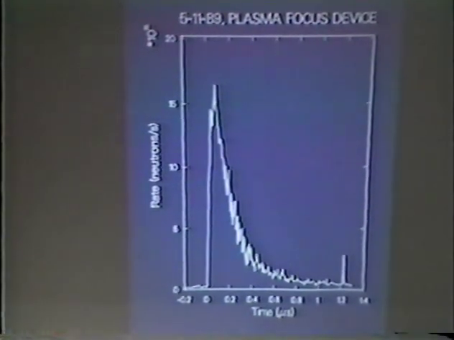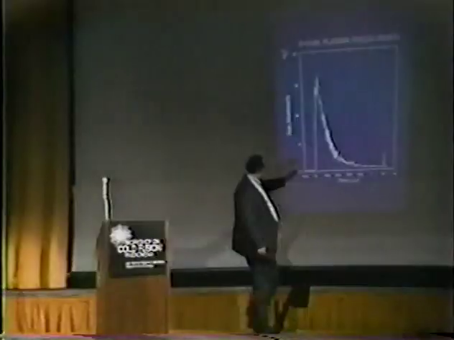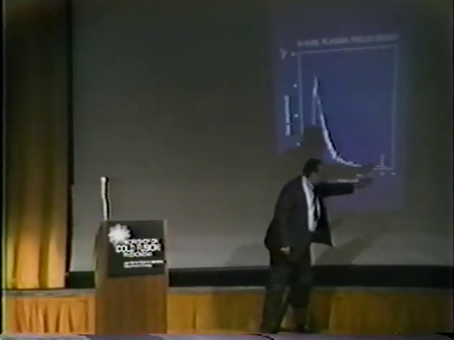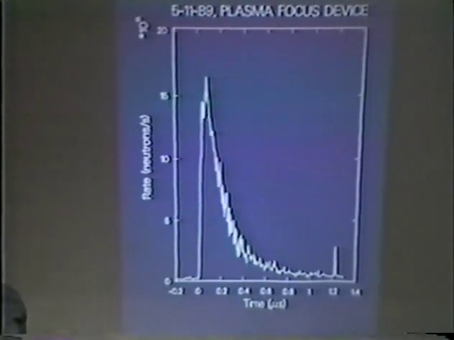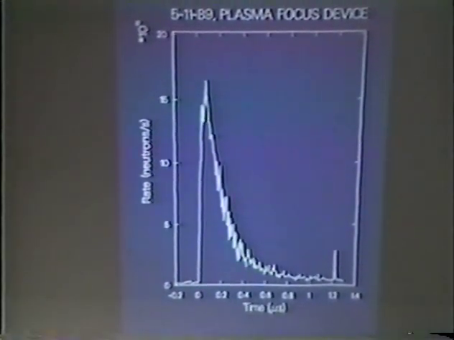These are not unusual results for those experts in the community who have been looking at these sort of things. These are typical results which happen in this kind of instrument every day. The integrated fluence from here out to the end is 6 times 10 to the 9 neutrons.